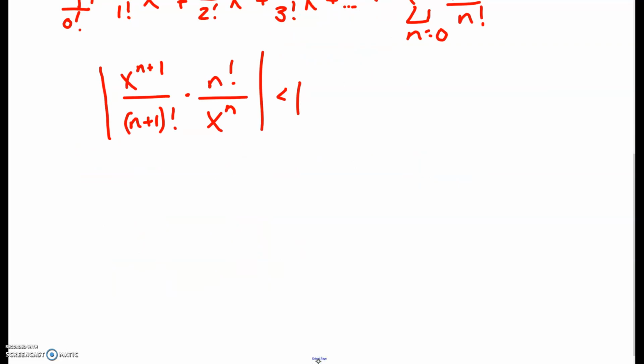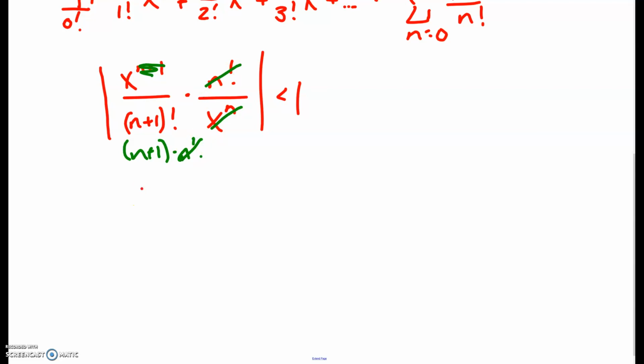We have some factors that cancel out. X to the n and x to the n plus 1 cancel, leaving us with x to the first power in the numerator. N plus 1 factorial is the same as n plus 1 times n factorial. So the n factorials cancel, leaving us with n plus 1.